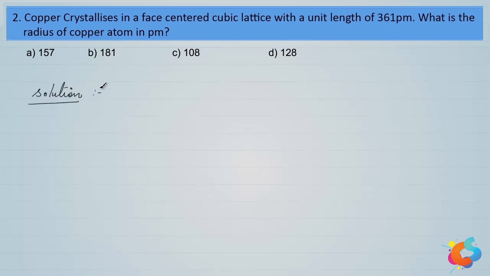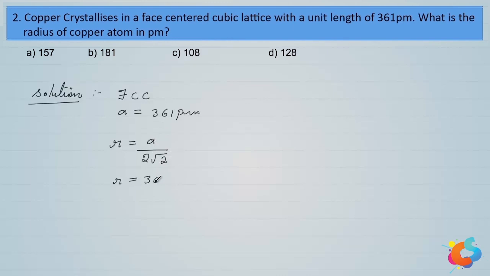Let's write down the given data. The unit cell here is face-centered cubic lattice, which is FCC, and the unit length A is 361 picometer. For FCC the radius formula is R equal to A divided by 2 root 2.